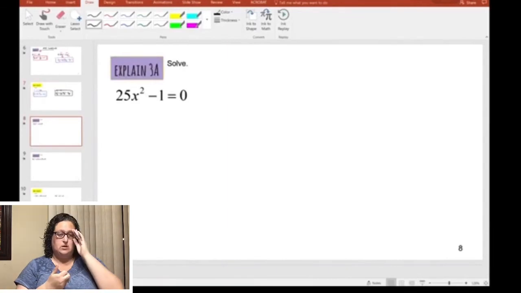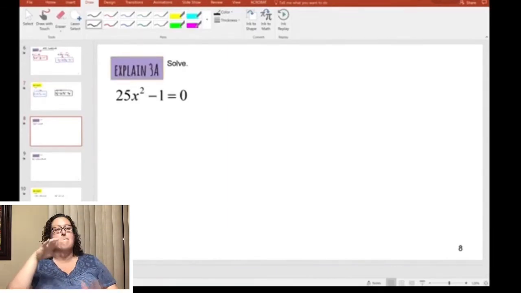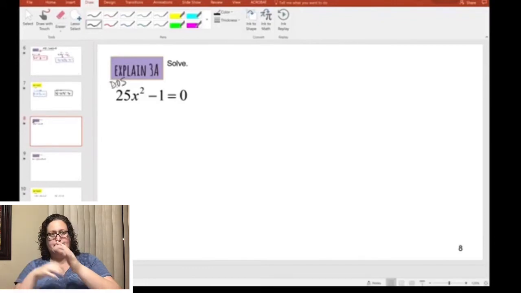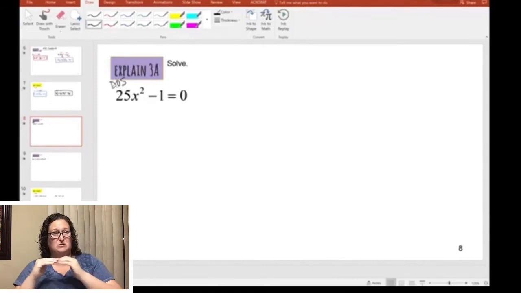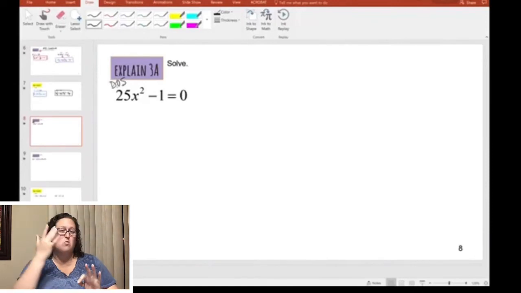We have 25x squared minus 1 equals 0. So notice how we have a difference of squares. DOS, difference of squares. We're subtracting two perfect squares. 25 is a perfect square because 5 times 5 is 25. 1 is a perfect square because 1 times 1 is 1.